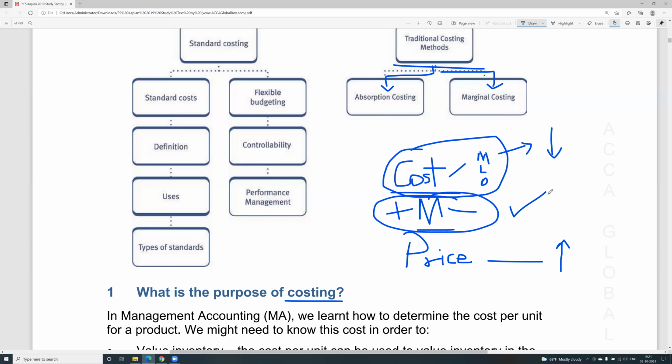That's for all businesses, right? Put it down in the chat section. Reduce the cost, increase the price. That's what most businesses do, and then your margin goes up automatically. This is the basic funda for every business.